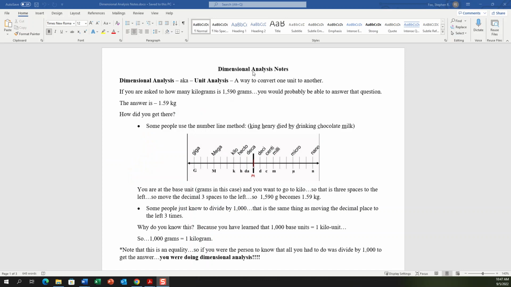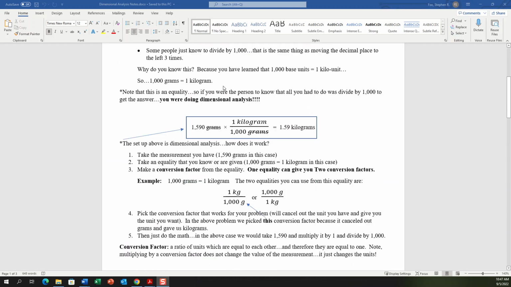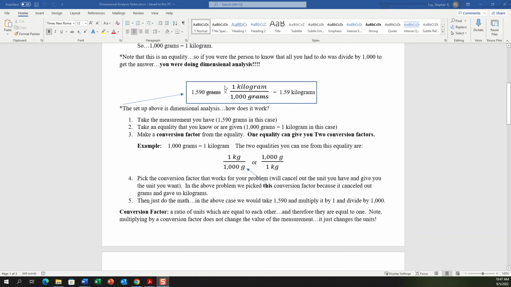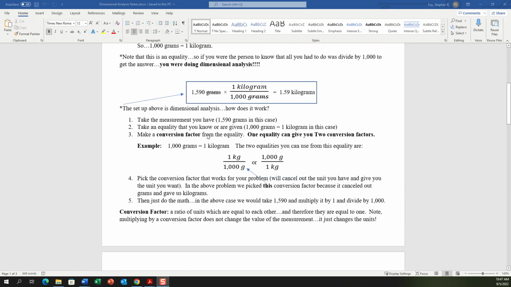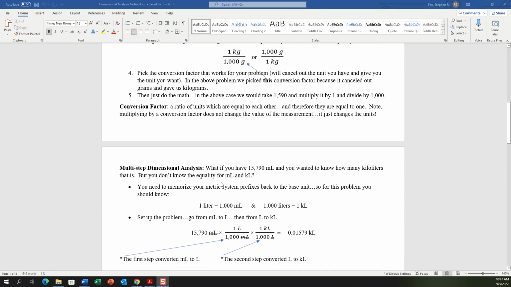Before you watch the rest of this video, you should go over the notes that I'm going to highlight here. First, the dimensional analysis notes. I have a video going over this a little bit already, but you may want to read over this because I'm going to use terms like conversion factors and all this stuff that we've talked about in class, and you really need to get a firm understanding of what all this stuff is.